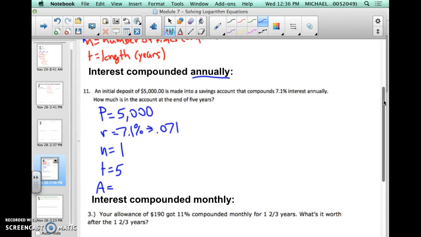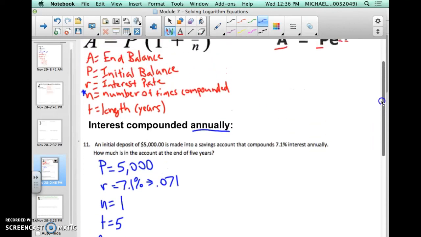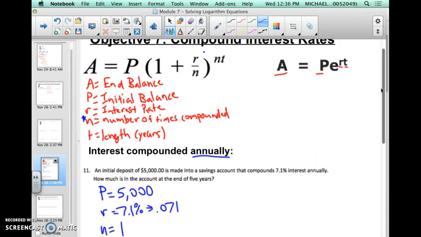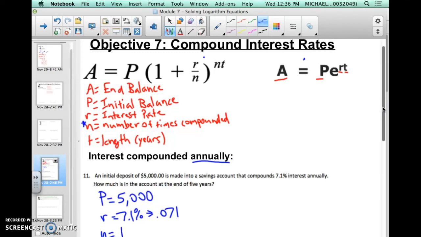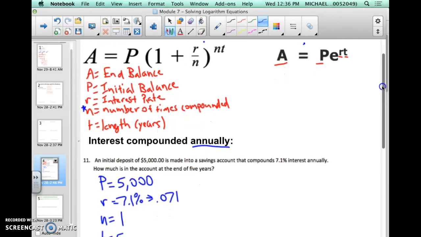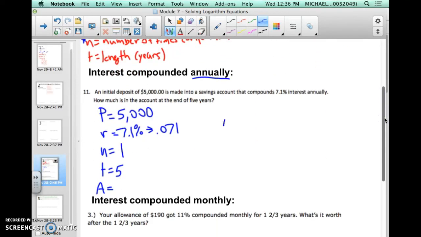This is pretty straightforward, so I'm going to use this formula because I have every piece of that information, and I'm looking for A. This formula goes with another keyword I'll talk about in just a little bit. So I have A equals, instead of P, I'm going to put 5,000, parenthesis, 1. And in this case, it's plus because you're earning money on it.